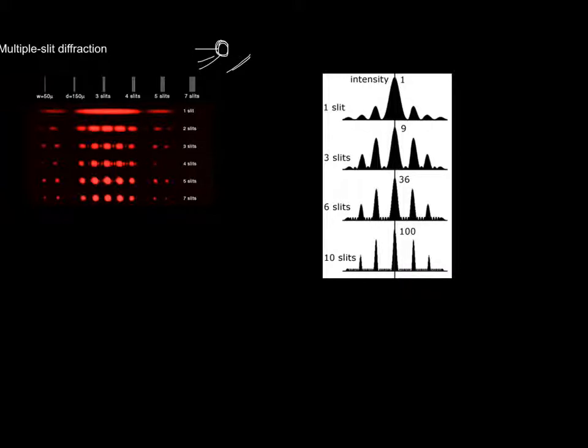So for an infinite number of slits, what you would get is something like this, just a line, and then everything else would be flat. You would have a perfectly thin line here, a perfectly thin line here, a perfectly thin line here, and all these other secondary maxima would just disappear. It's just the logical evolution of this.